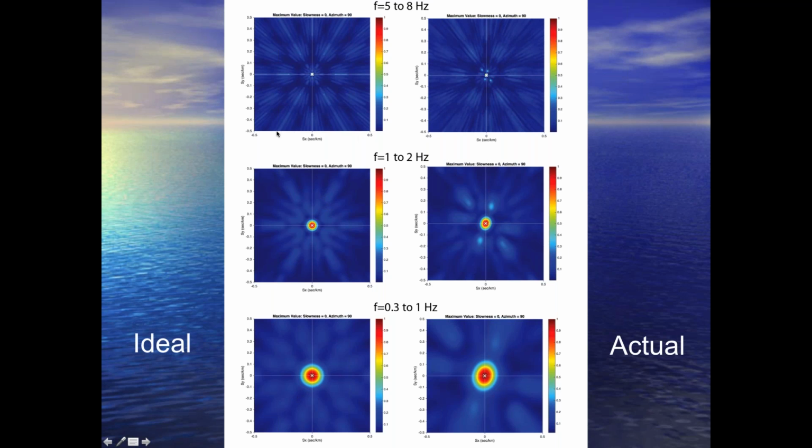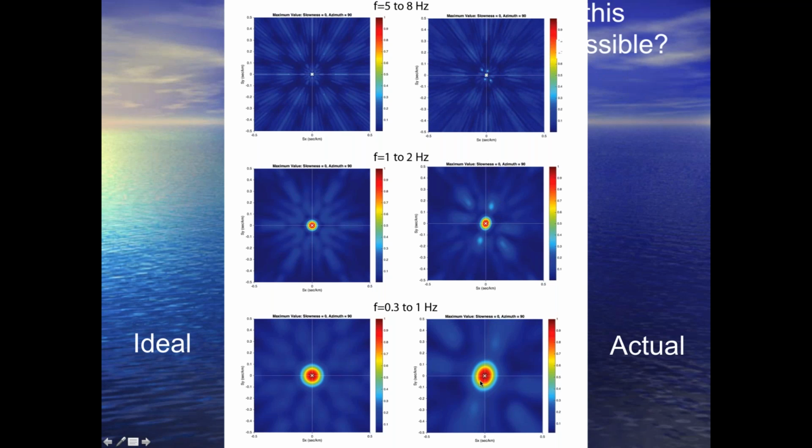This is east-west slowness from 0 to 0.5 second per kilometer, and this is north-south slowness. The ideal geometry is pretty nice, but the field geometry isn't too bad either. We pick up some side lobes from the non-ideal geometry, but it still focuses, in a theoretical sense, these plane waves.